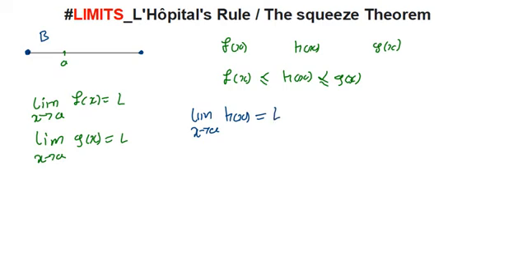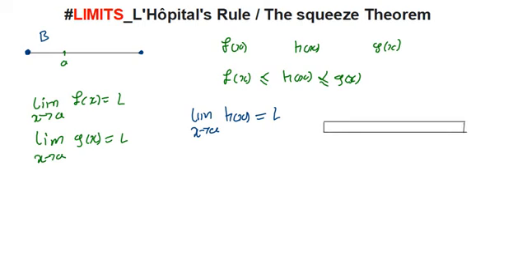And how I really like understanding this is in this way. If this and this are approaching the same value, it basically means what's in the middle is also approaching the same value, because h of x is between f of x and g of x. How you can understand this better: let's say I have this bar right here.